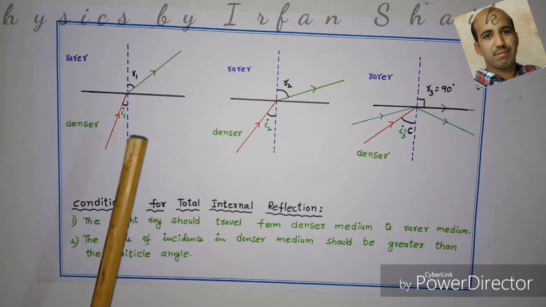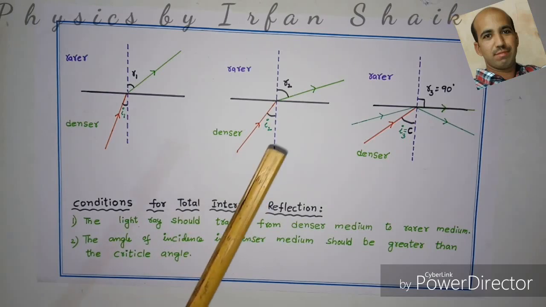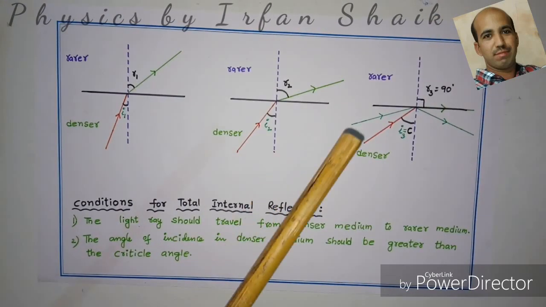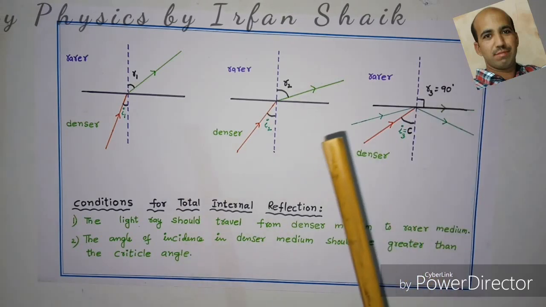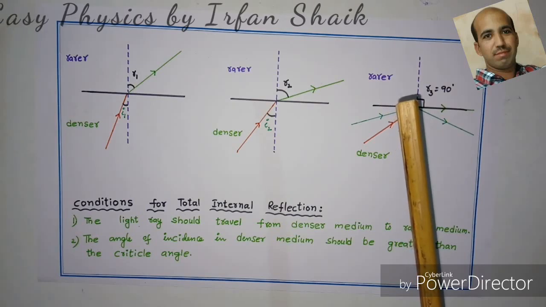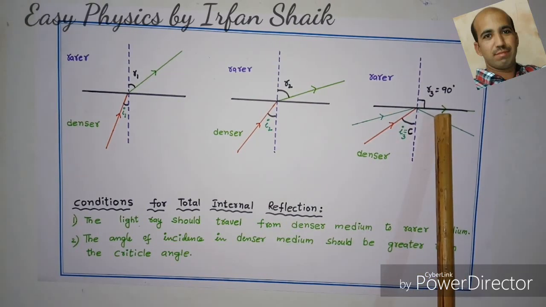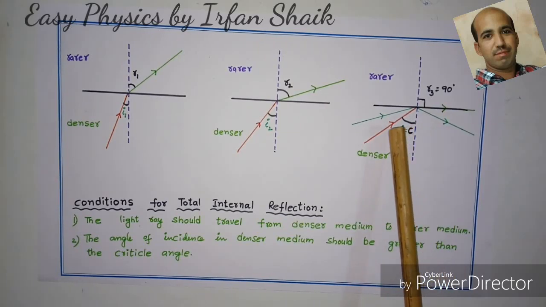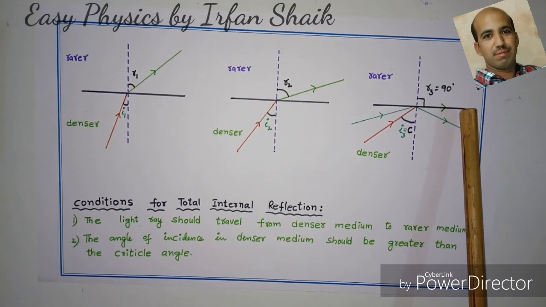Gradually, if the angle of incidence increases, the angle of refraction also increases. At a particular angle of incidence, the refracted ray just grazes. If we observe the third diagram, as the angle of incidence increases, the refracted ray grazes the interface.